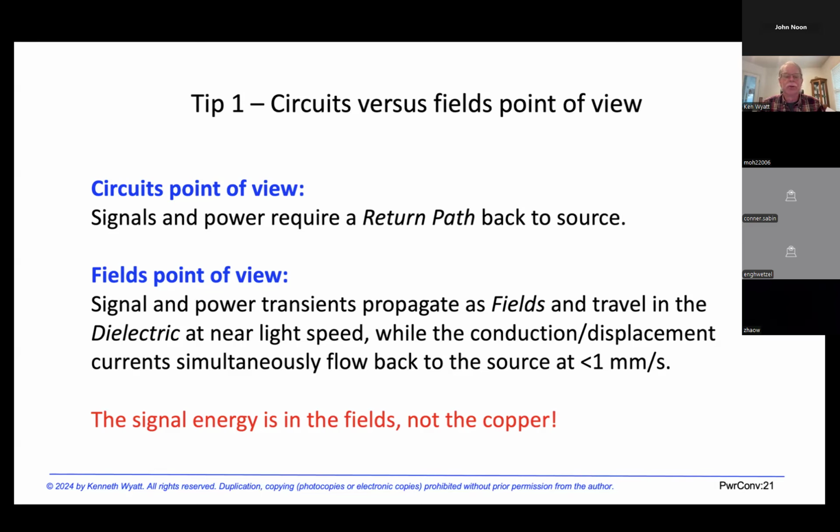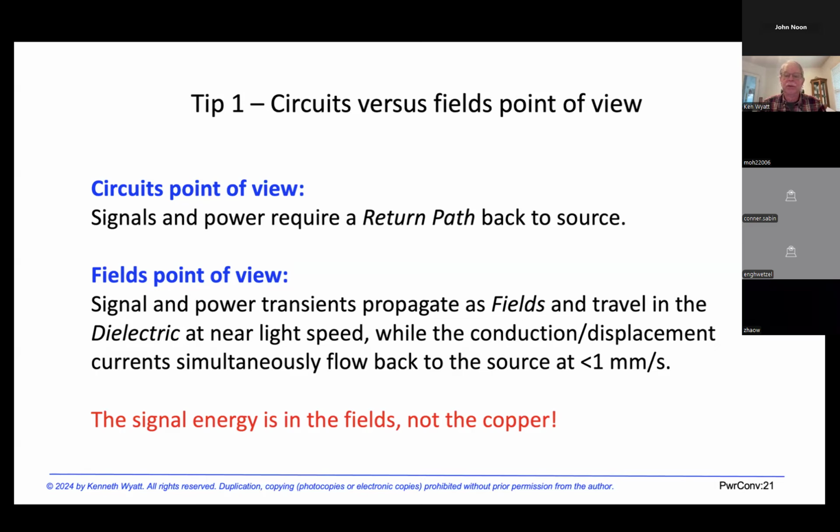Now, from the fields point of view, signal and power transients propagate as electromagnetic fields, and these fields travel within the dielectric space at near light speed. This electromagnetic wave induces conduction and displacement currents, which are the ones that flow back to the source.